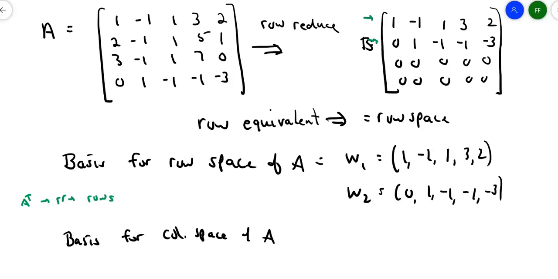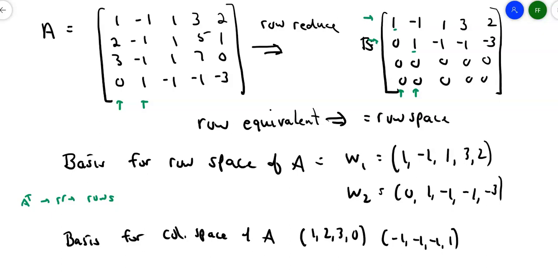But if we look at the columns that have leading ones, ones in what we call the pivot spots, it's the first column and the second column. So now go back to my original matrix, look at the first column and the second column, and you come up with these 2 vectors. 1, 2, 3, 0, and negative 1, negative 1, negative 1, 1.